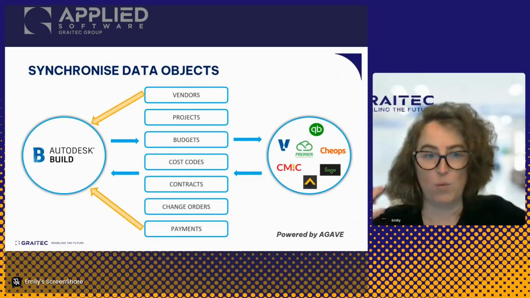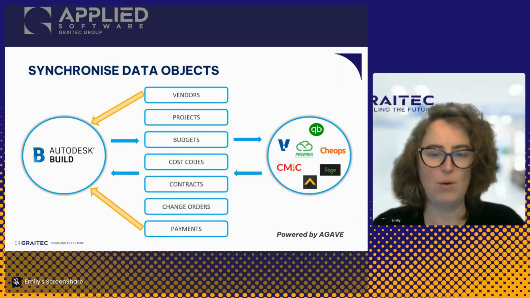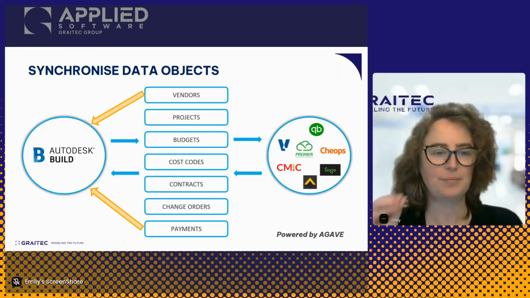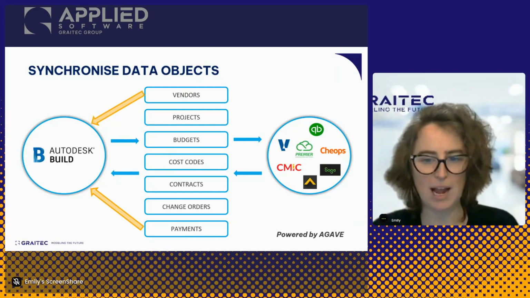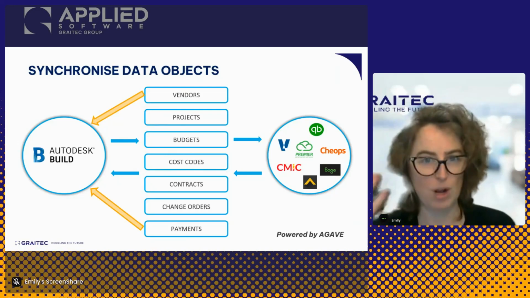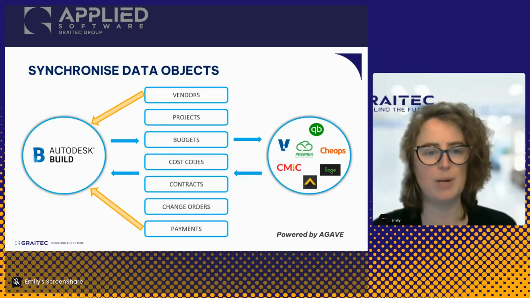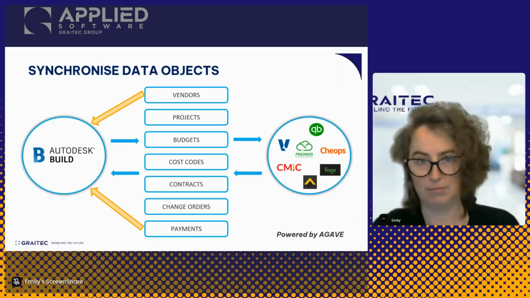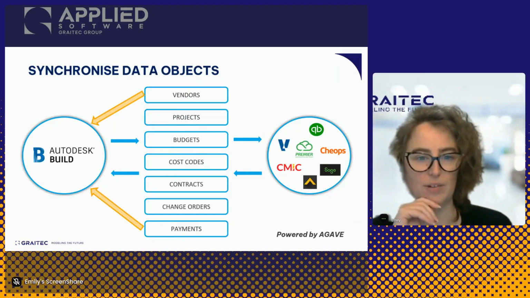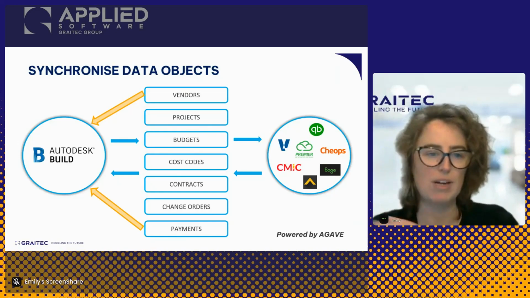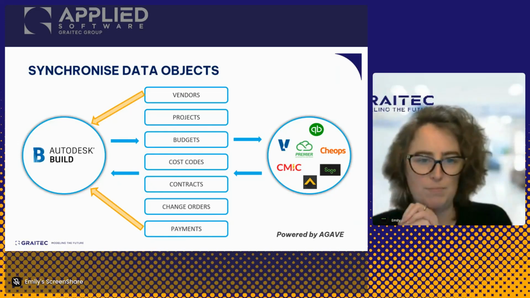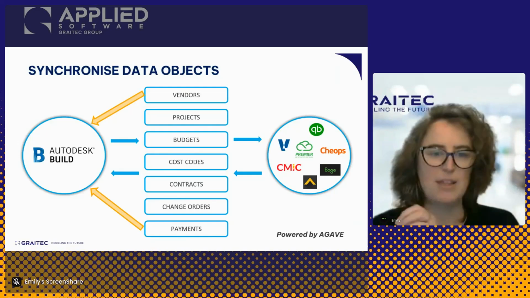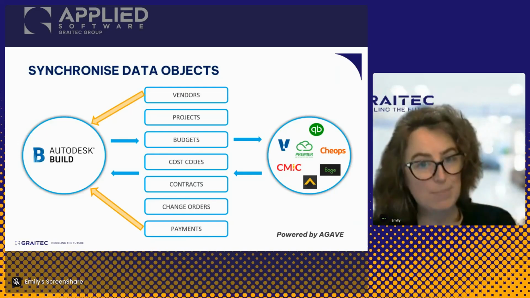And again, what I am seeing with our integrations, no matter what software we're using, something like vendors: you will have already a list of your companies, your vendors, your suppliers, everybody you are working with, most likely already in your ERP system. So we're going to take that through the integration and pop it over into Build. That's the direction that information typically goes.